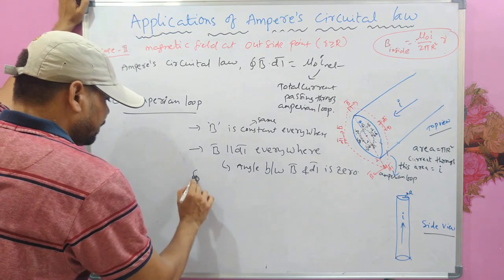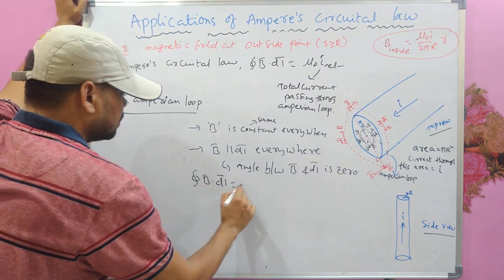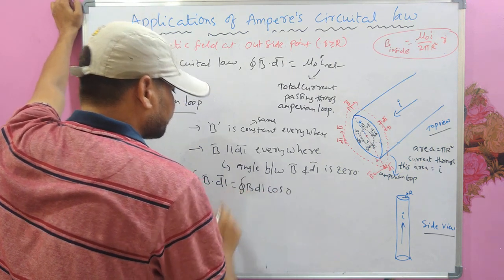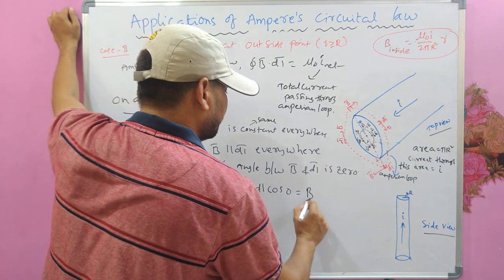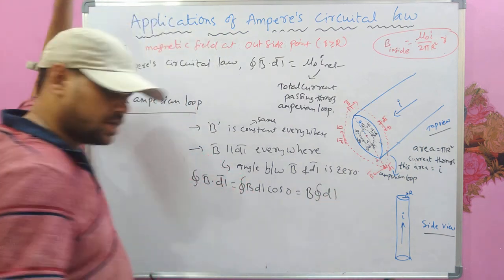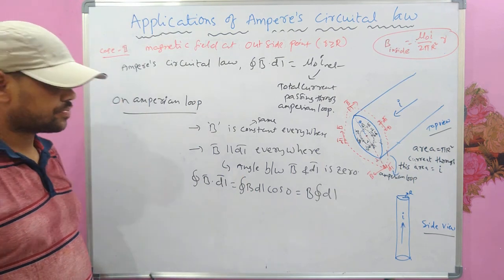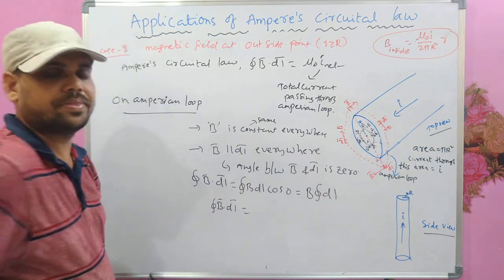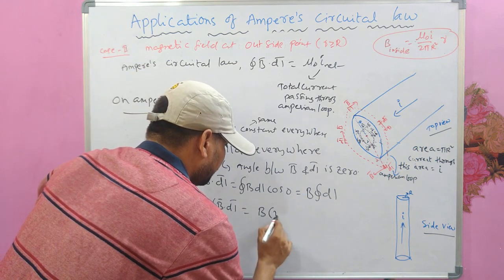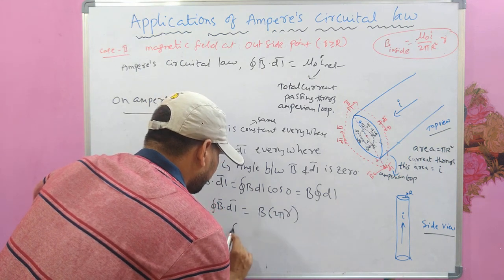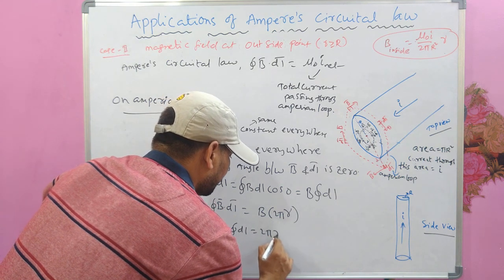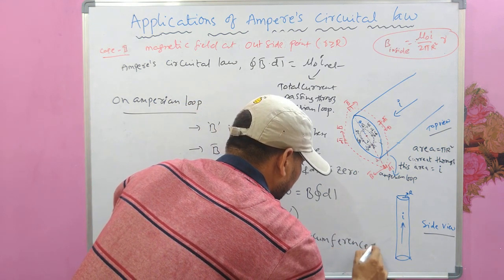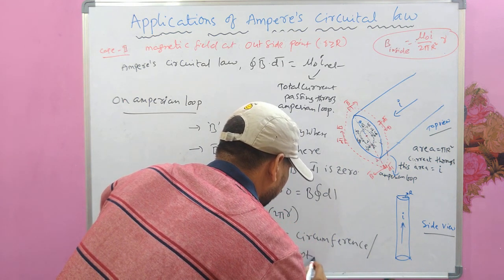Now what do you get? B dot dl as B dl cos 0, which is nothing but B integral dl. B is constant, so I have written it outside the integral. And integral B dot dl is equal to B into 2 pi r, where integral dl is again 2 pi r, which is the circumference or total length of the loop.